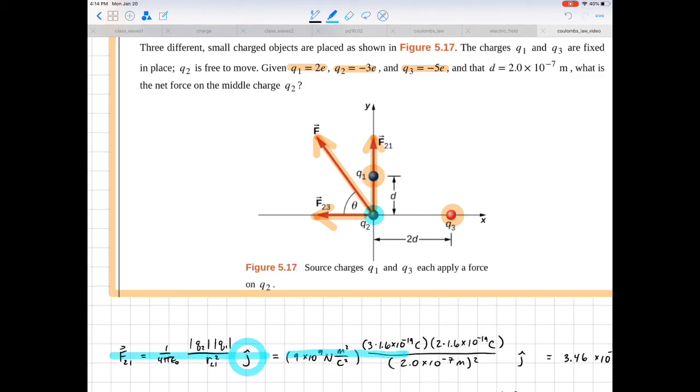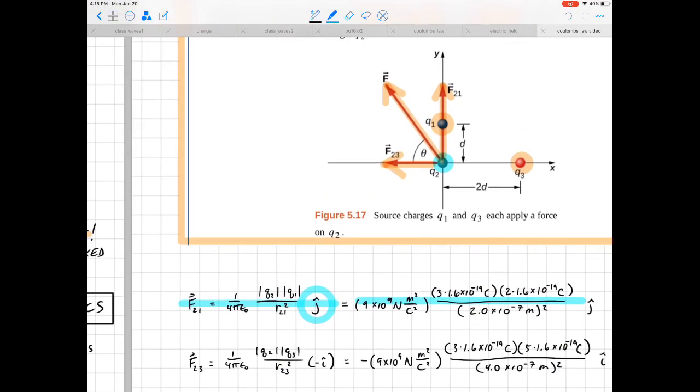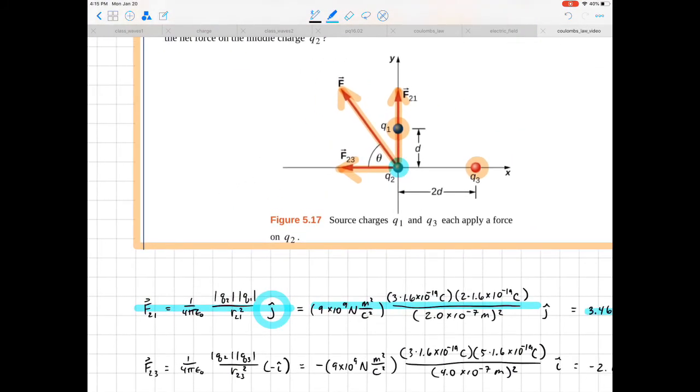And if I plug in the appropriate numbers, I end up getting that the force on 2, due to the presence of charge 1, is 3.46 times 10 to the negative 14 newtons, again, in the j hat direction, in the upward direction.